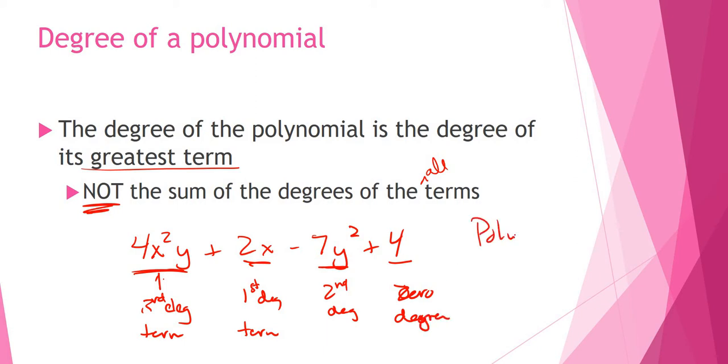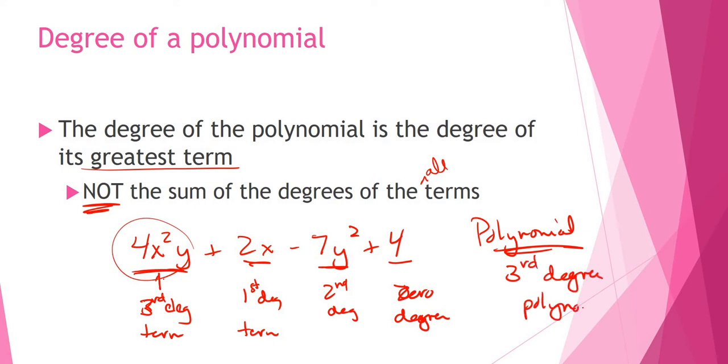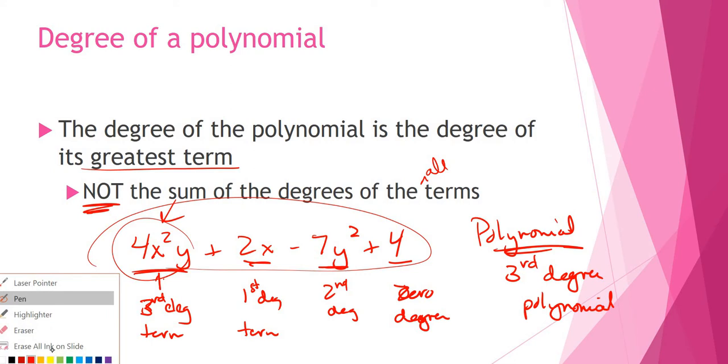But the polynomial, the whole polynomial, we look at only the greatest term. In this case, it's third. This is a third degree polynomial. Again, we're not adding up the degrees in each term. We can classify each term individually, but when we look at the whole polynomial, we simply look at the greatest term, and that's what we call it. Let's try one more of these.